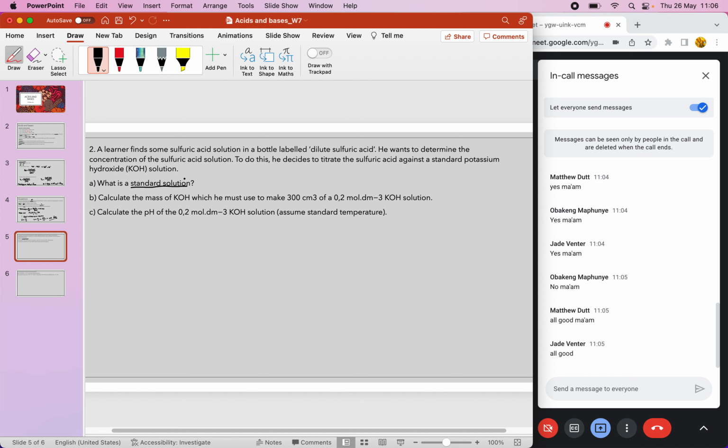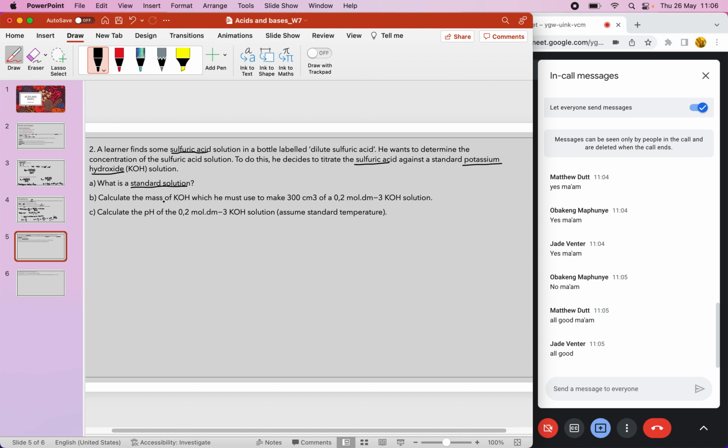So we've answered that. We know that we have an acid, which is sulfuric acid, and the learner decided to titrate sulfuric acid against a standard potassium hydroxide. And we know that potassium hydroxide is a strong base.